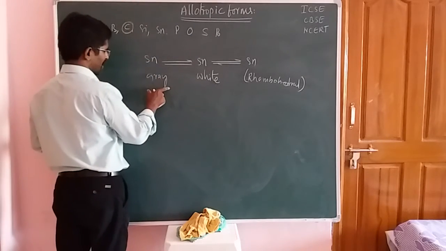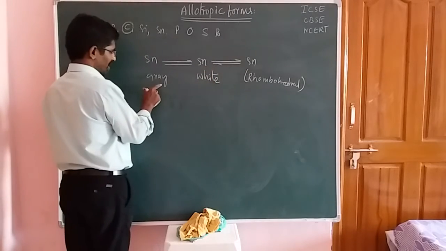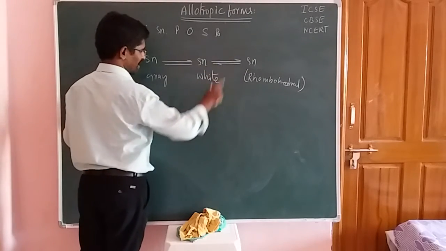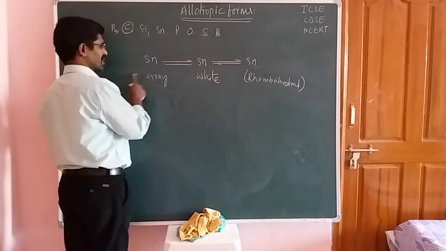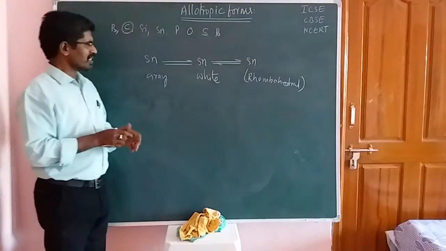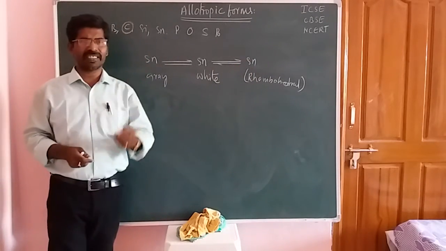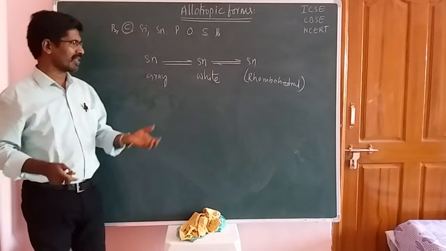Tin is present in the gray state and in the white state. But actually these are colors, while each one is a different physical state. Each and every state of the tin element exists in different allotropic forms, that means different physical states.